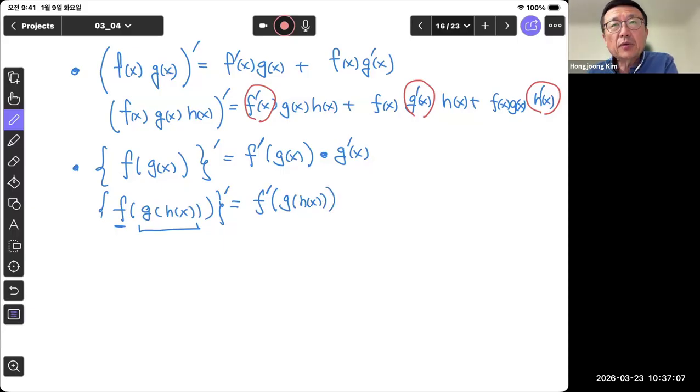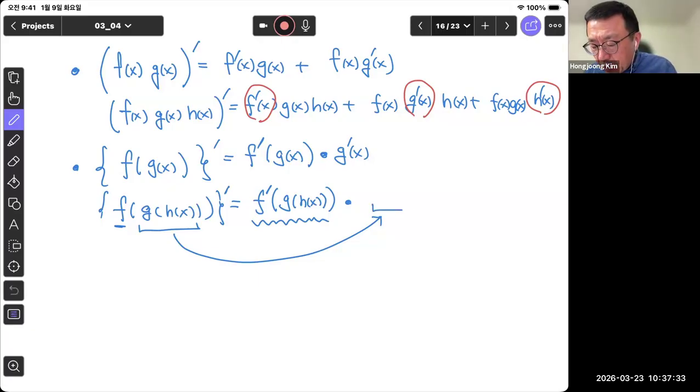So this is the derivative of the outer function evaluated at g, the inner function. And then you need to multiply the derivative of g(h(x)). So the derivative of the inner function will introduce another chain rule.